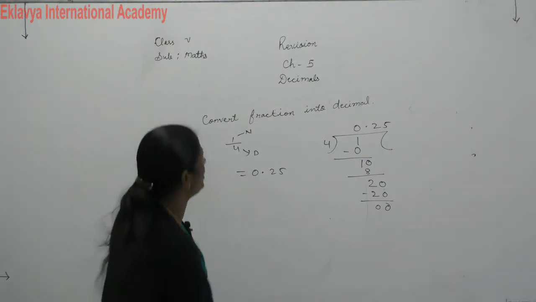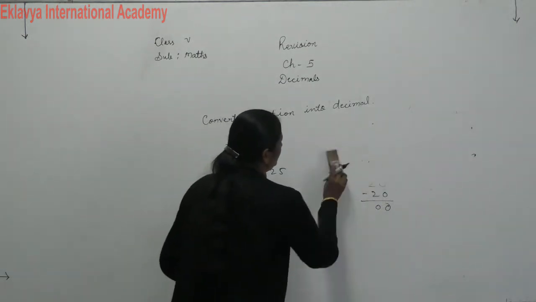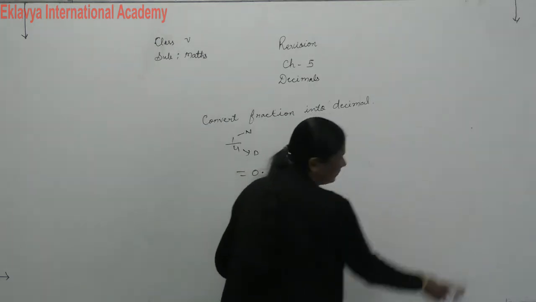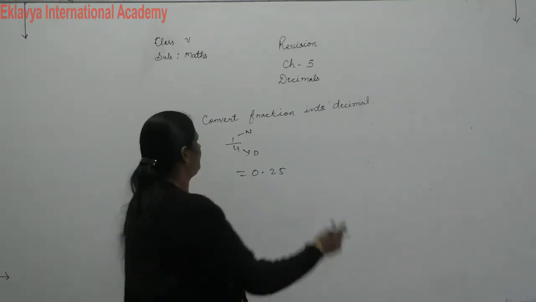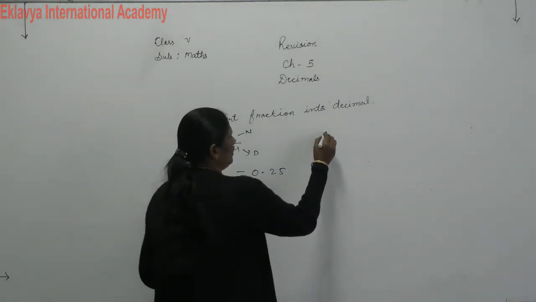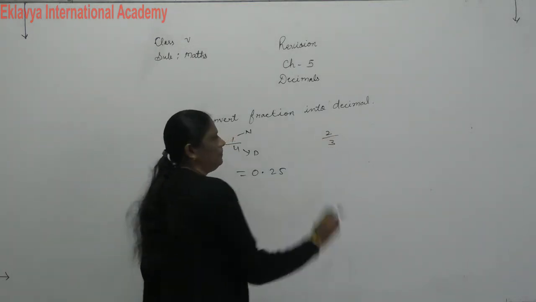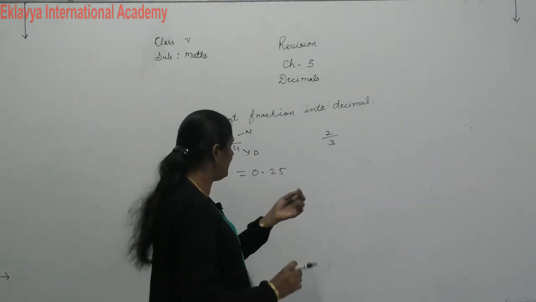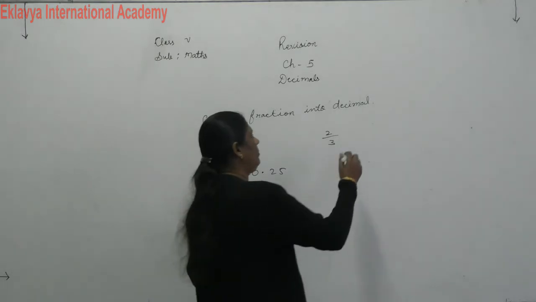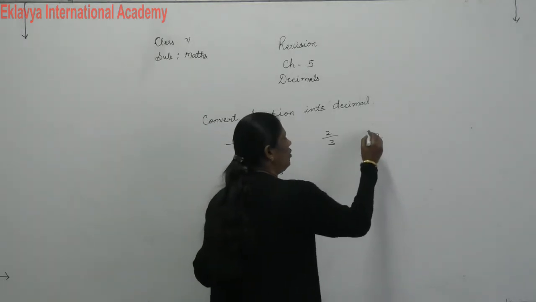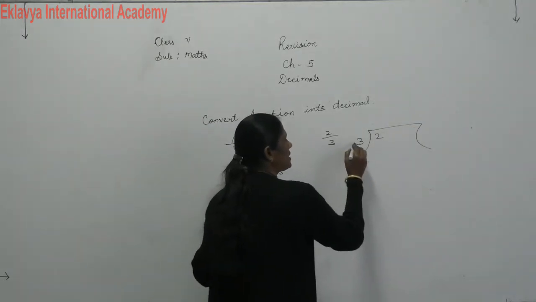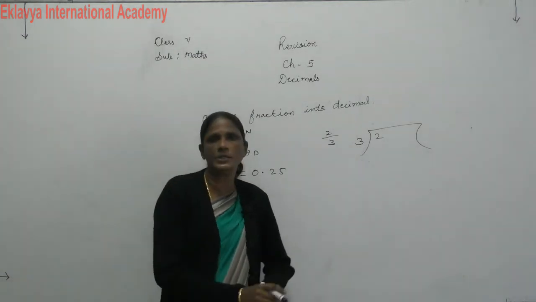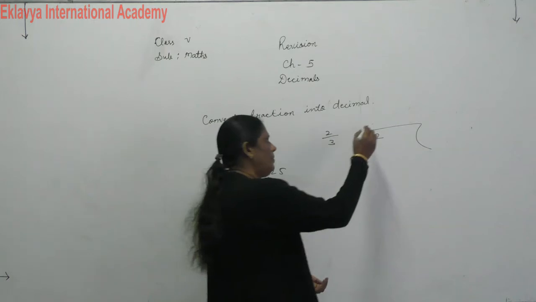Then one more question. 2 by 3. Which number comes inside? Numerator comes inside. Then denominator comes outside. Then table of 3, how many times come into 2? 0 times.